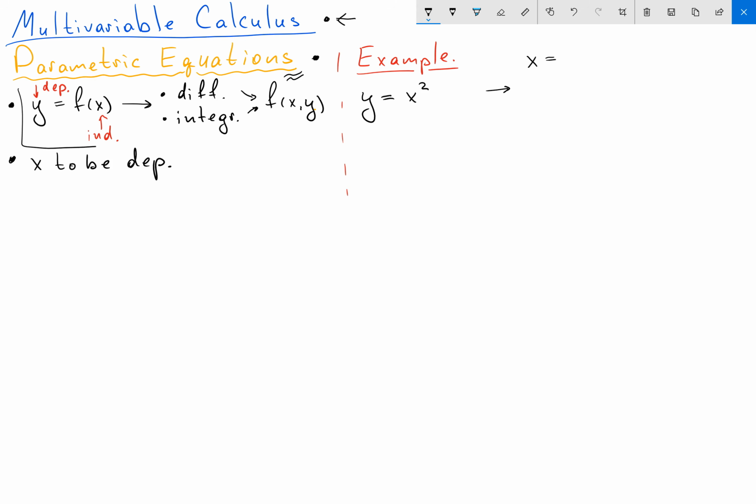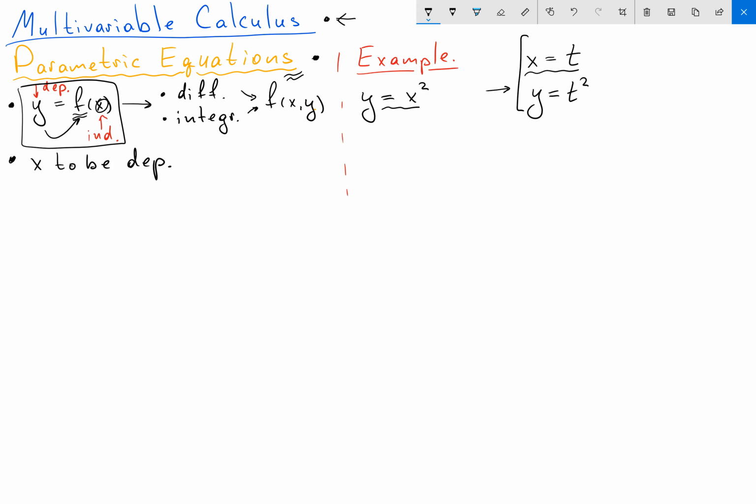Because we can see that y depends on x, it means that y is in relation to x corresponding to the function f. So in this case, let's just make x equal to t. Then if x equals t, I can see from y equals x squared that y is equal to t squared.